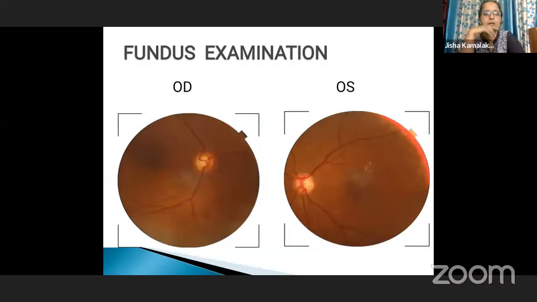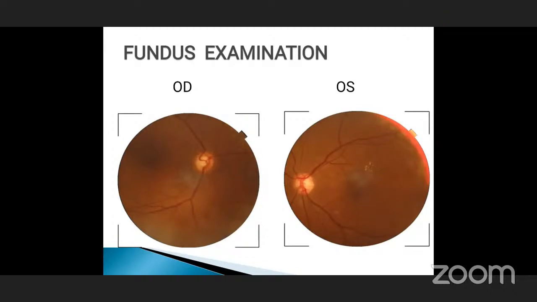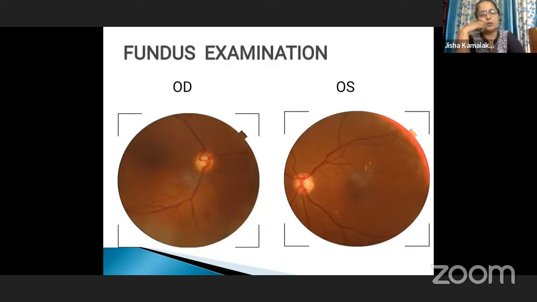So could you explain the poor vision by your fundus examination? No, there is nothing. Did you pick up anything? There is nothing in the fundus to explain the defective vision. Okay. What all things did you specifically look for? What did you expect when you examined the fundus in this patient?